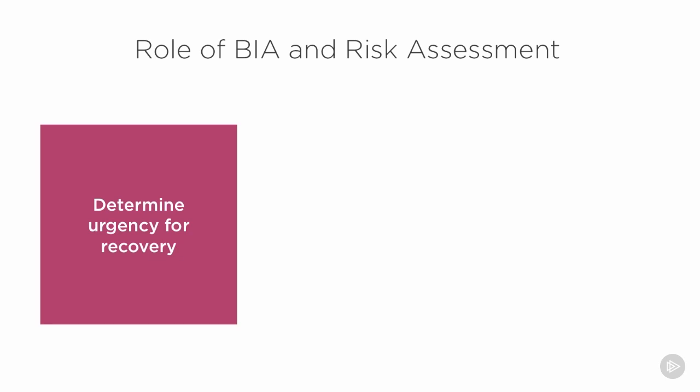How would that affect the company? And, well, financial terms, even non-financial terms, such as reputation, customer confidence. And from this, we determine what are the parts of our business that are most important, the ones that we must recover first.